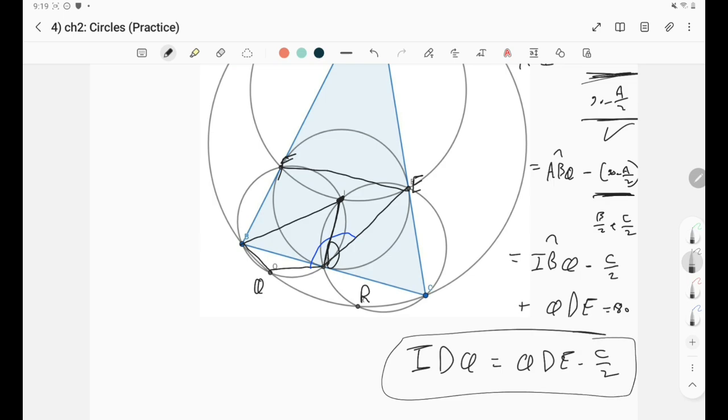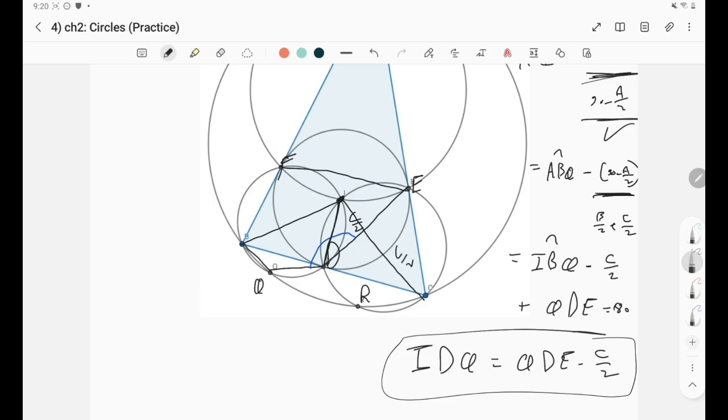And of course, if you look at it, it's really not difficult at all, because IDQ is actually all of this QDE minus this tiny bit here. But this IDE, in fact, is easily C over 2, because if you look at this circle here, IDE is just the same as ICE, for example, which is C over 2.